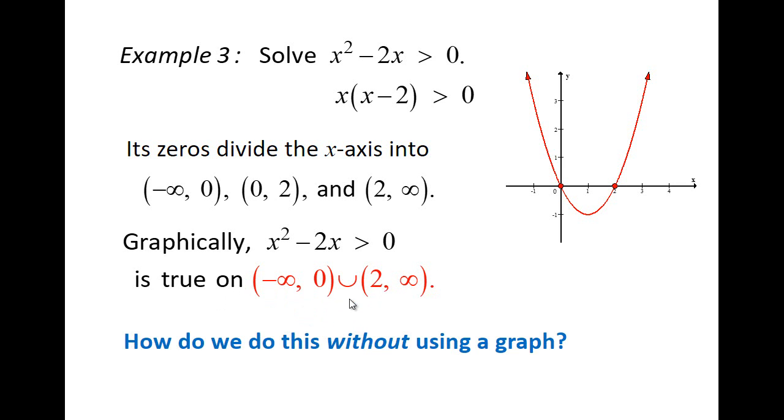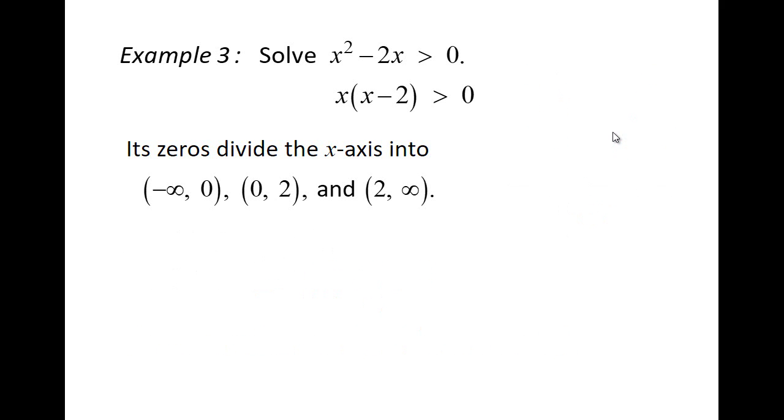Now, how would we do this if we didn't have the graph? So without the graph, how do we do it? Well, I know all the values of x where the polynomial is 0. So the polynomial is 0 when x is 0 or 2.